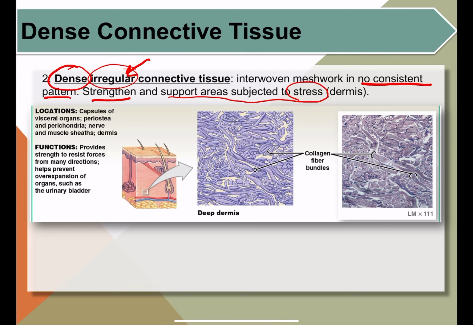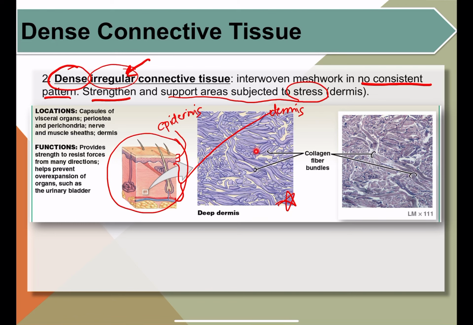For example, your dermis. This, for example, is a cross section of your skin. This layer here is known as the epidermis, that we'll learn about in the next chapter. This layer here is the dermis layer. And a lot of the dermis layer is made up of this dense irregular connective tissue, just like here.